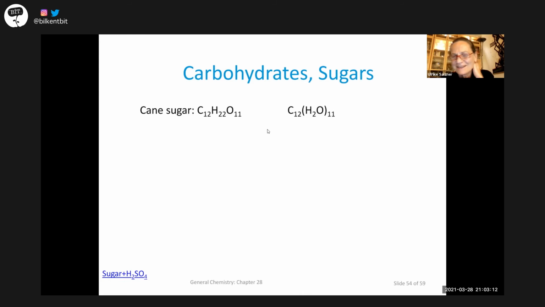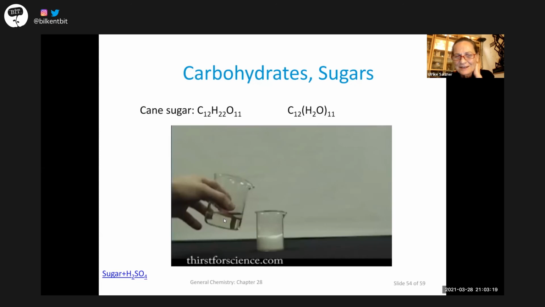For the chemist, this is a fun experiment. We can pour sulfuric acid on it. You need concentrated sulfuric acid for that. Sulfuric acid has the habit of very strongly binding water. So when you pour it on sugar, it will take all of these water molecules out of the sugar, and what's left is the carbon.